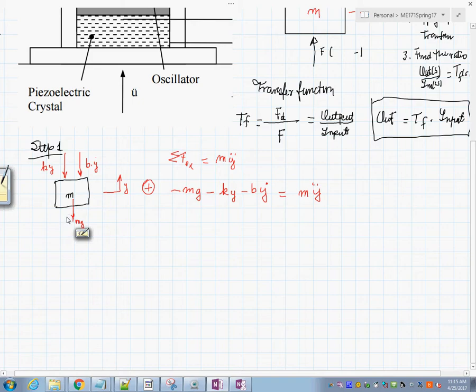We have decided that this is F, and this is going to be in the positive direction. So we could just add it over here. Okay, so this is my system differential equation. In fact, let's properly label it. This is what I would call the second order differential equation.